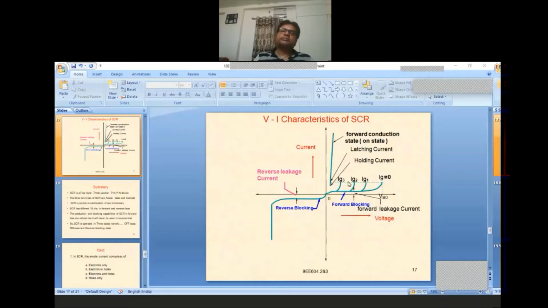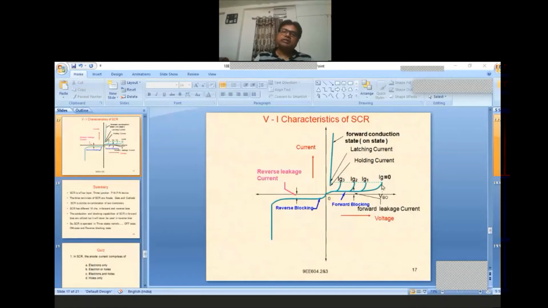That is why SCR is called, instead of SR, silicon controlled rectifier. It is in this region that you can control the turn on time and forward biasing currents. That is why it is called a controlled rectifier.